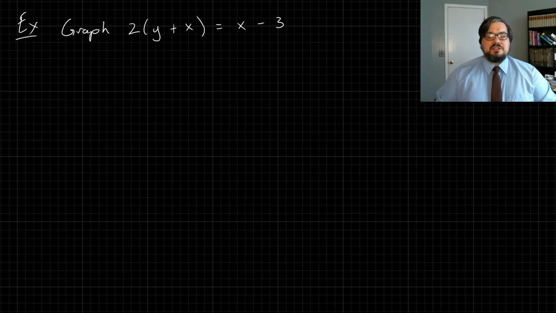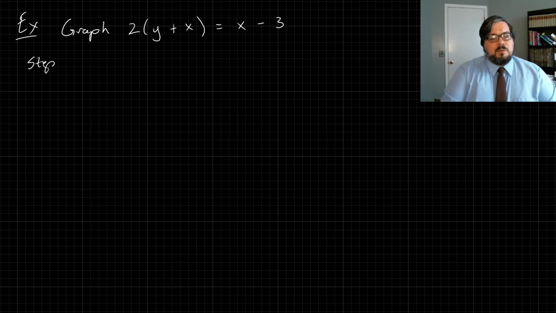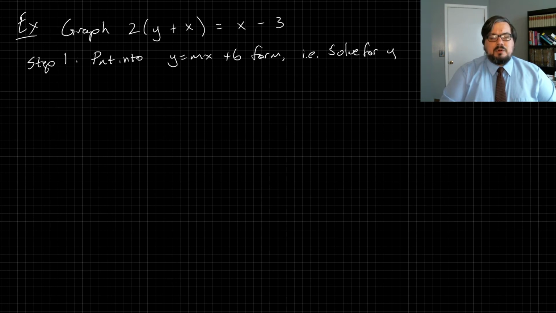So the thing to remember about graphing lines using the slope-intercept form, which is the most efficient way of graphing it, is that the first step is to actually put it into slope-intercept form. So step 1 is we want to put it into y = mx plus b form, i.e. we want to solve for y.